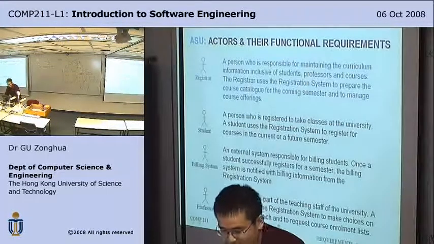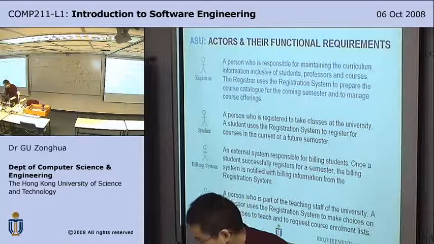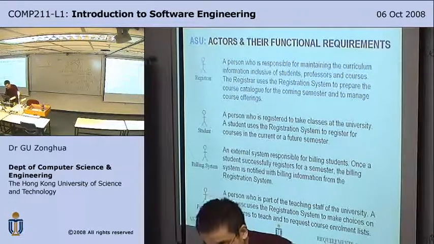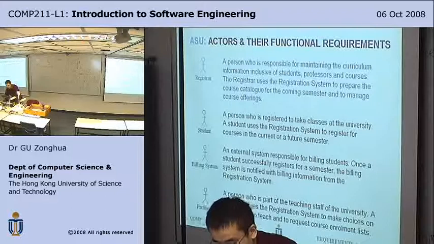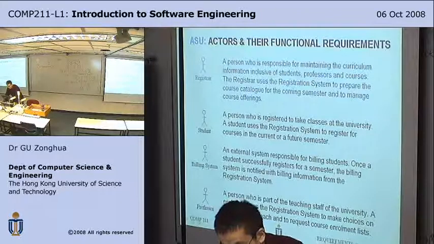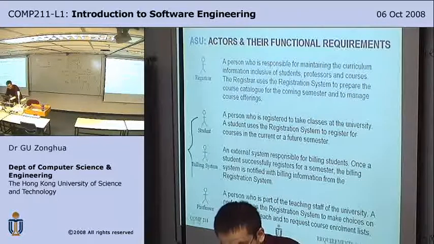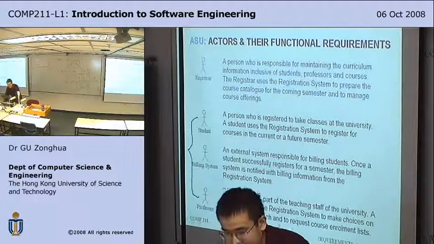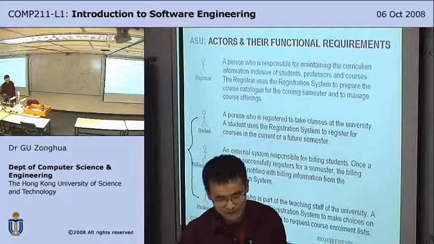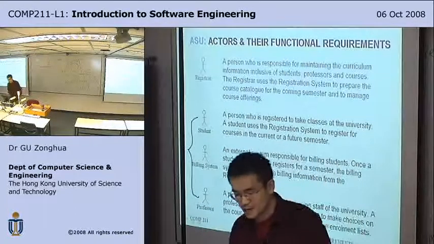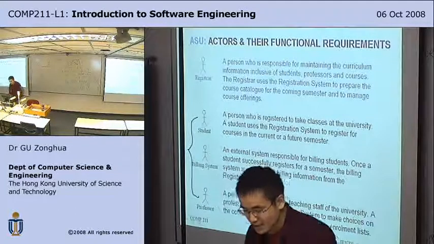Now we have identified the functionalities performed by each actor. We have students, billing system, and professor. Now in the functionalities we have someone. So someone prepares the course catalog.